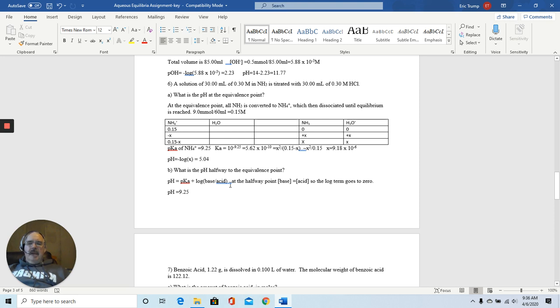So the base and acid concentrations would be equal. So this ratio is 1, log of 1 is 0, pH equals pKa. And so pH equals the pKa, which we set up here was 9.25.